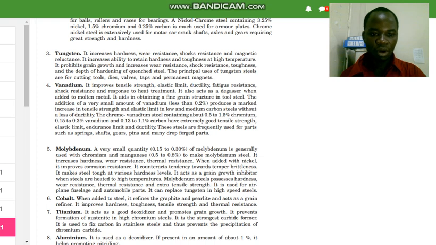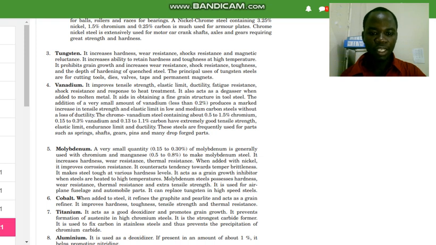The addition of a very small amount of vanadium, less than 0.2%, produces a marked increase in tensile strength and elastic limit in low and medium carbon steels without a loss of ductility.